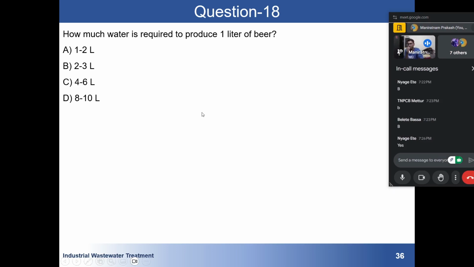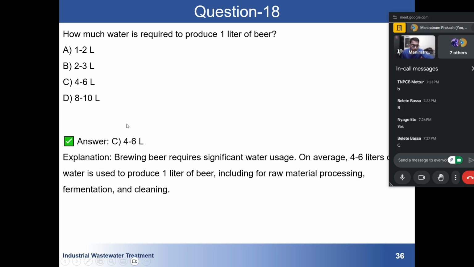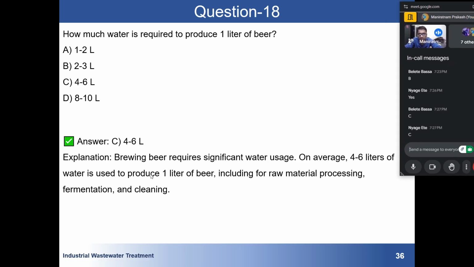How much water is required to produce 1 liter of beer? Yes, brewing beer requires significant water usage, and on average, 4 to 6 liters of water are used to produce 1 liter of beer, including for raw material processing, fermentation, and cleaning.